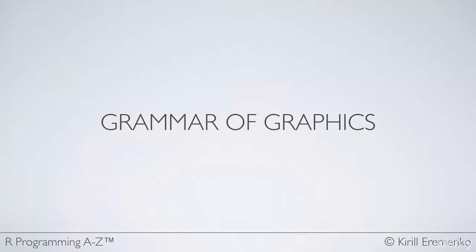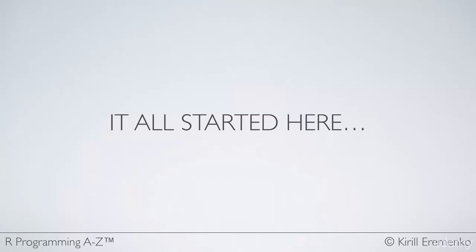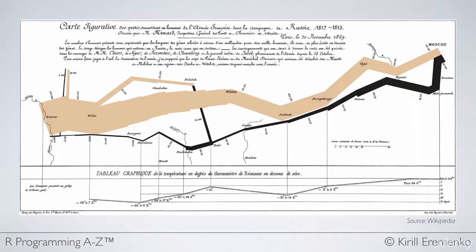So what is the grammar of graphics and where did it all start? Well, as the story goes, it all started back in the 19th century. Here we've got a map which illustrates the French campaign, or Napoleon's campaign against Russia back in 1812. This map was created by a gentleman named Charles Minard around 1869.